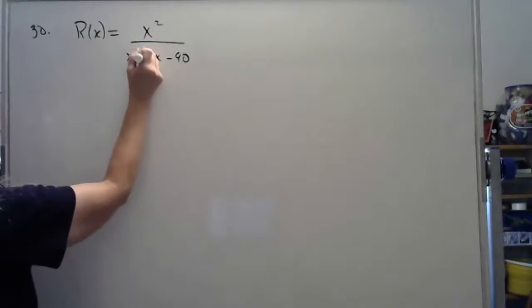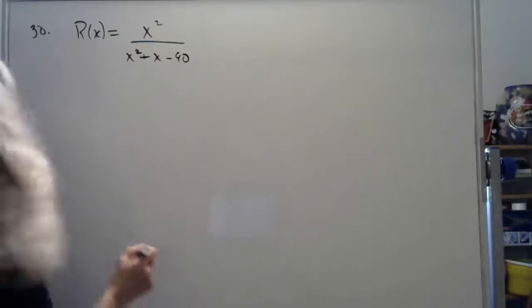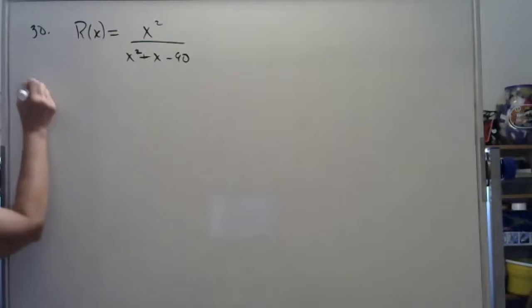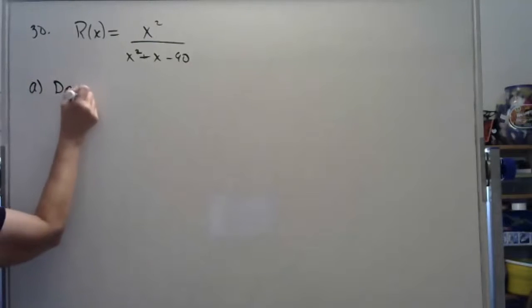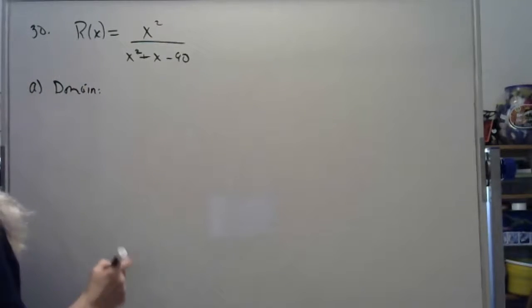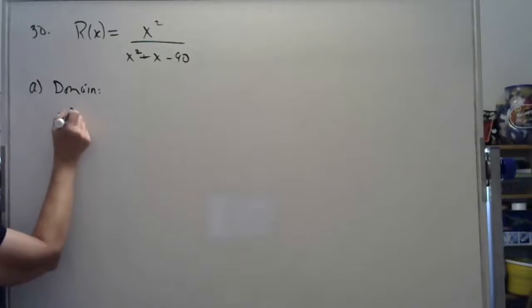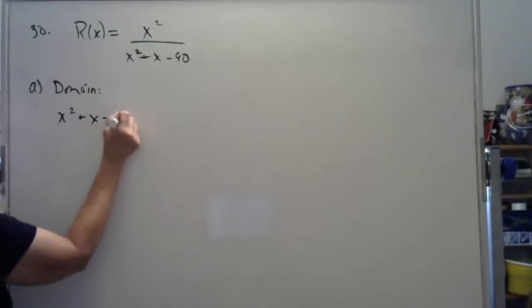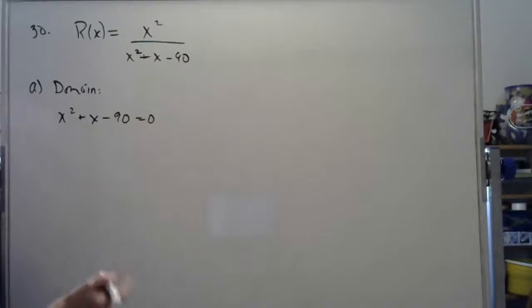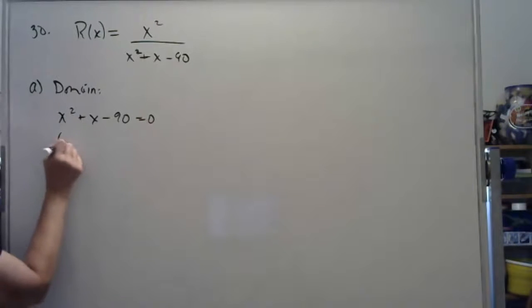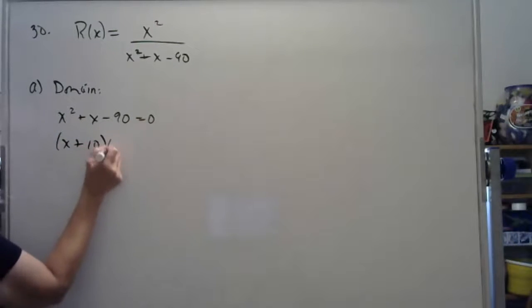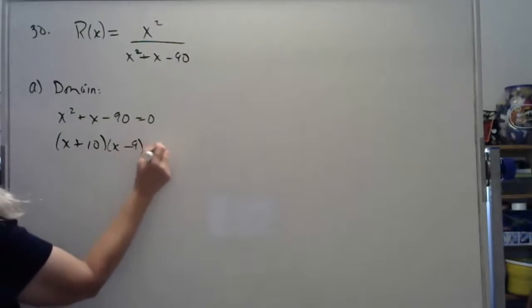So the very first thing they want is the domain. To get the domain, we're going to take that denominator and set it equal to 0, because we cannot divide by 0. Luckily, it factors into x plus 10 and x minus 9.